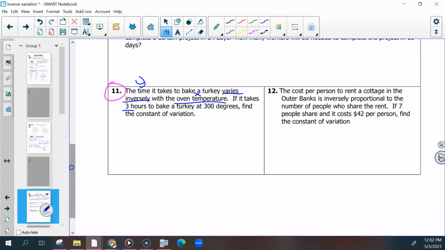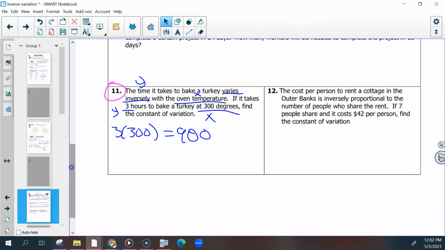It gives us a time and a temperature. Multiply those, tell me what your k value is. Do we have any questions in general or specifically about direct or inverse variation?